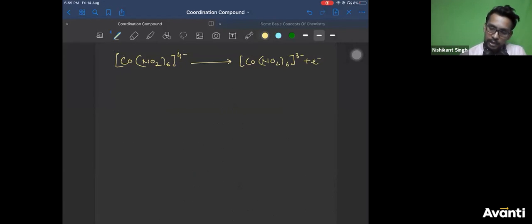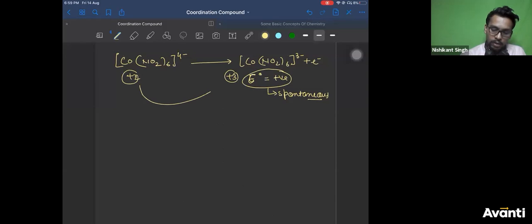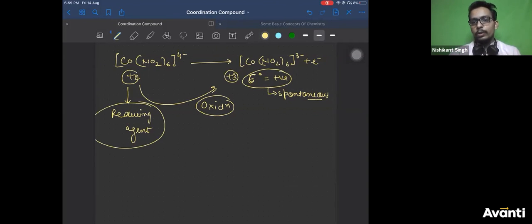We checked this and for this half redox reaction, E naught was positive. And we know if E naught is positive, that means the reaction is spontaneous. And if cobalt is getting oxidized from +2 to +3, that means it acts as a good reducing agent. Is that clear? This is how they explain the geometry of these two molecules.